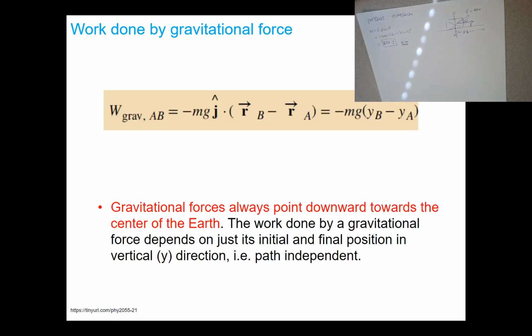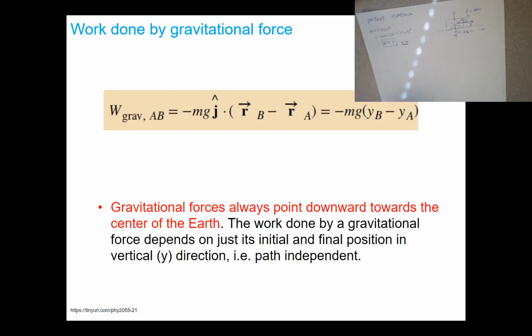Another special force that we mentioned earlier is the gravitational force. For gravitational force, it's equal to mg, and the direction of it is always downward, in the negative y direction.